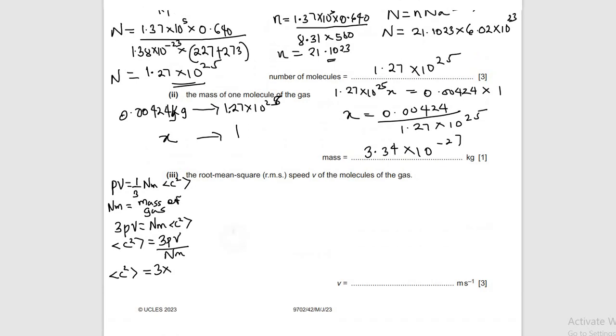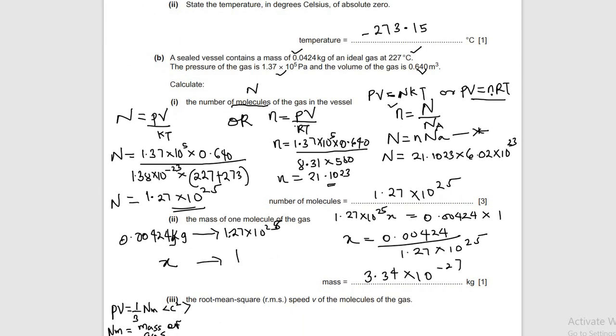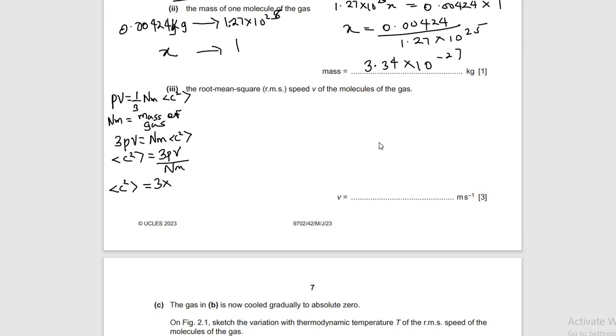So mean square speed will be 3 times the pressure. What's our pressure in this case? I think we were given it before in the question: 1.37 times 10 to the power 5.